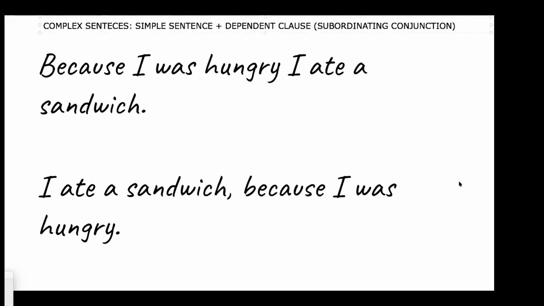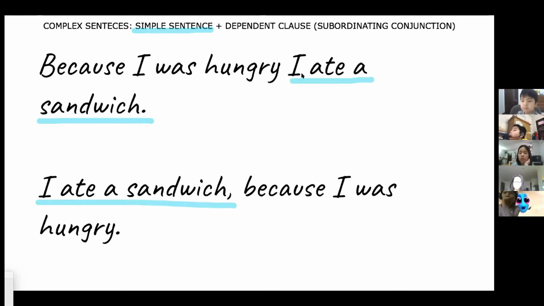All right, so Feng Tao, in our first sentence, which part is the simple sentence? I ate a sandwich. So in both of these sentences, our simple sentence is going to be I ate a sandwich. Good job, Feng Tao. And Ming Chao, what is our dependent clause? Because I was hungry.